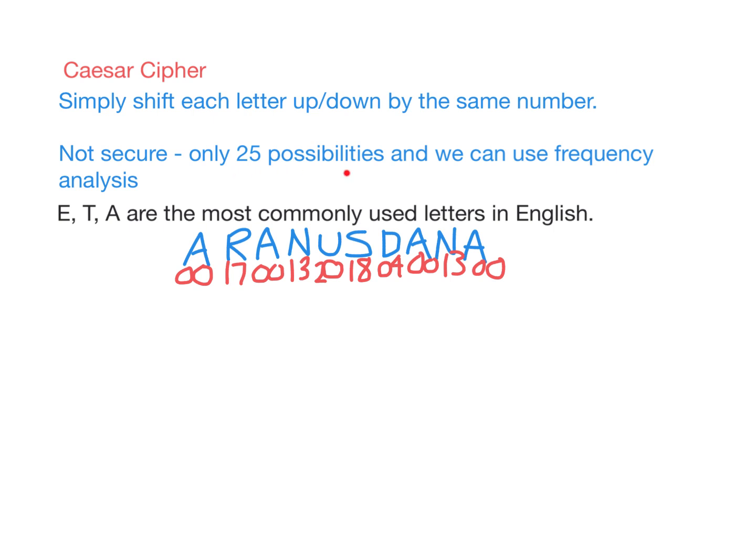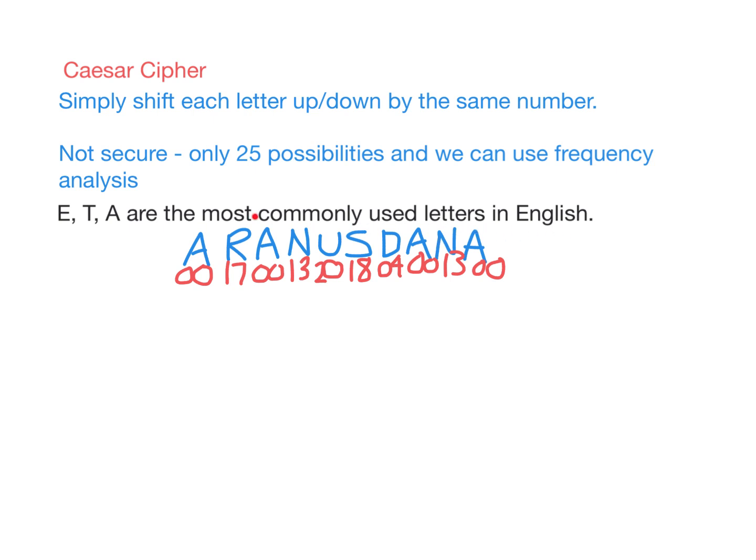There's only 25 possibilities for the cipher. You can shift the letters up 1 or up 2, up 3, all the way up to 25 spots. So not only can we program computers to be able to decrypt this in seconds, but we can also use frequency analysis. ETA are the most commonly used letters in English.